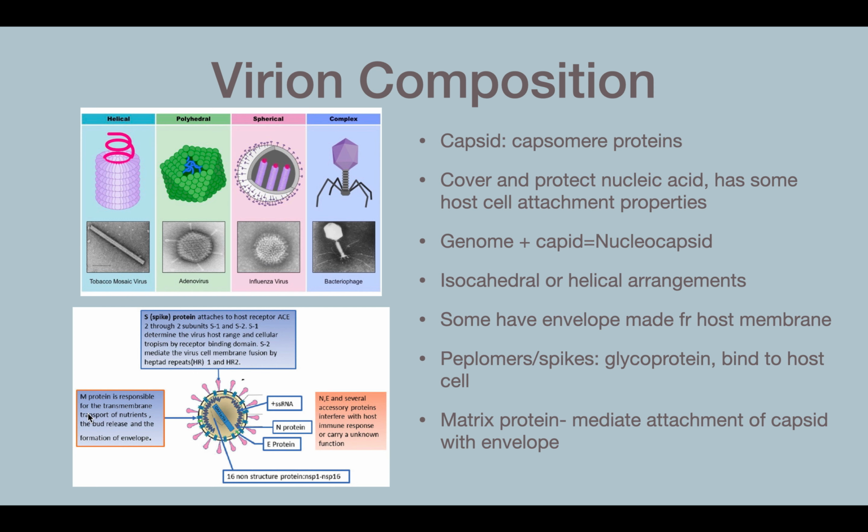They have the matrix proteins or M proteins, and those will mediate the attachment of the capsid with the envelope, and allow the transmembrane transport of nutrients. The envelope and other accessory proteins are going to interfere with the host response in order to allow the virus to continue to either infect the existing cell or bud out and infect more cells.